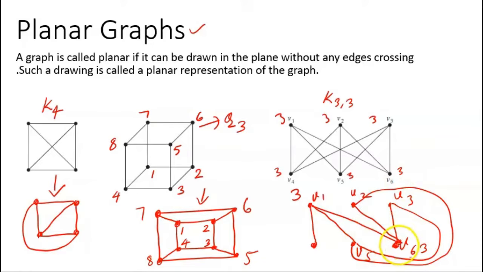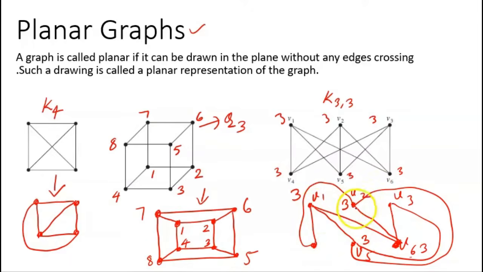Now the degree of this vertex is 3, the degree of this vertex is 1, 2, 3, so I am also done with this. Now this degree is 1, so I need to join it to V2 and V3. Yes, so can it be done? To join it to V2, I can draw it like this. So see, I have joined it to V2. Now the degree of this vertex is also 3.